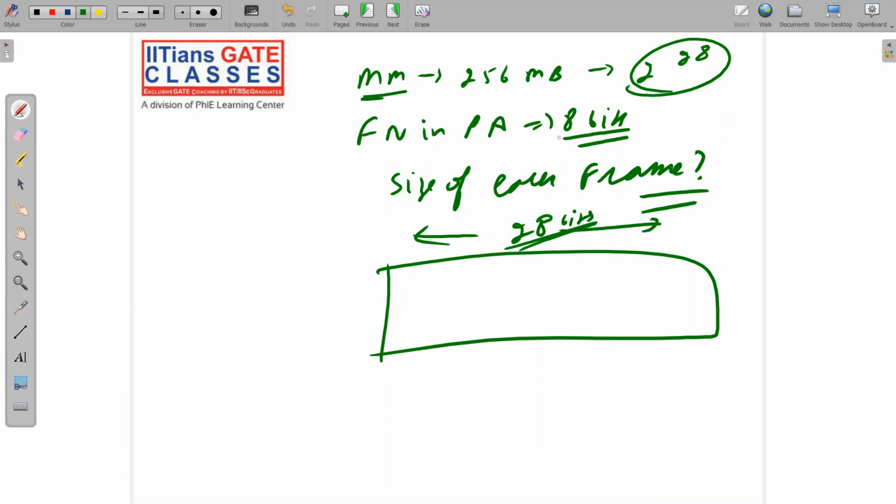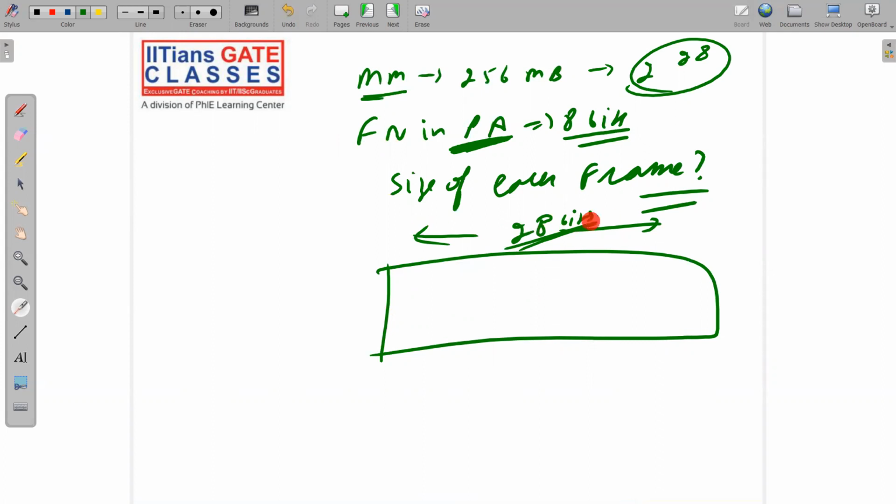Now what they are saying, frame number in physical address. That's why I have done it like this. Are you getting it? From the main memory, which is 256 MB, I simply said you take a 28 bit physical address. Why do I need to find the physical address? Just because they have said that the frame number in physical address is of 8 bits.